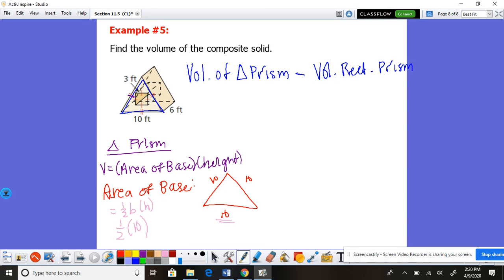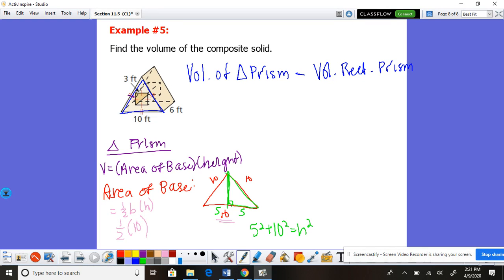Now the height, we don't know. Okay, so to find that height, when we draw it, this is 5, this is 5. We want to find this. Well, we have a right triangle now. So can we just do 5 squared plus 10 squared equals h squared? So 5 squared is 25, 10 squared is 100, so 125 equals h squared.